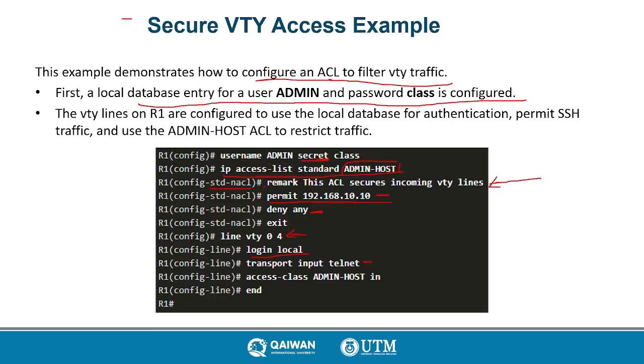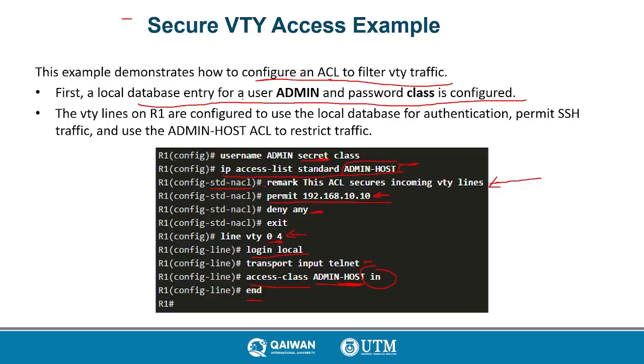From here, what tells us is access-class admin-host in. Here it tells us that if someone tries to access this line vty 0 4, it should match access-class admin-host, and we know that the admin-host access list has only this IP address, so this tells it to permit only this one to enter this, let's say, local database.